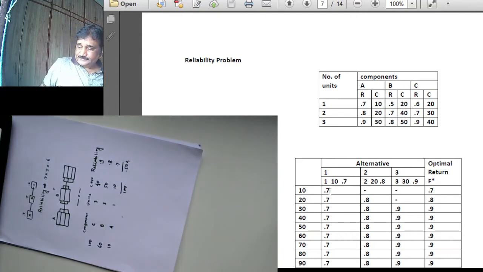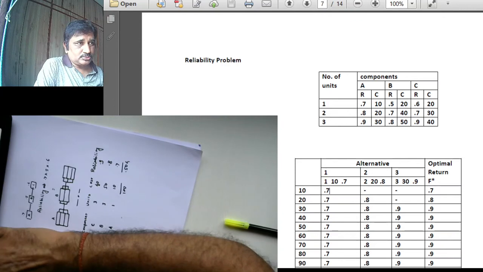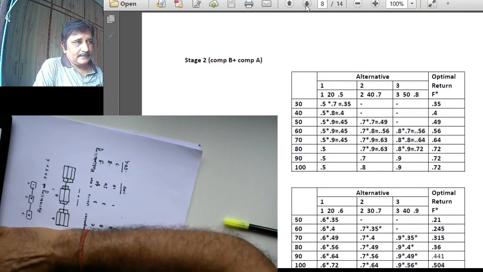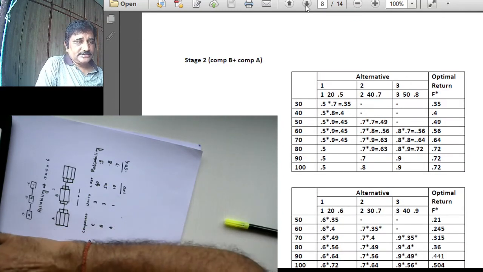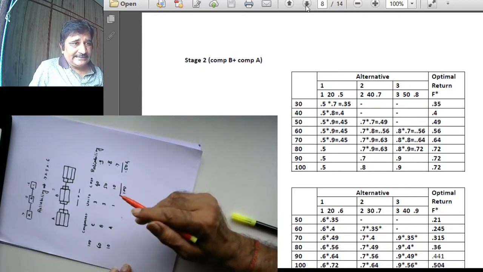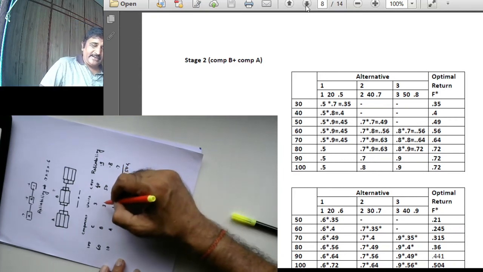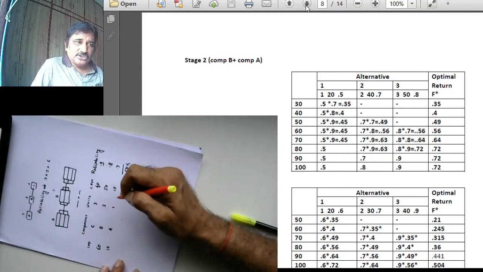At this point, you might get another solution too. Just look here. 0.56, I had another option in 60 rupees. I am writing that solution in red. You may or may not do it.